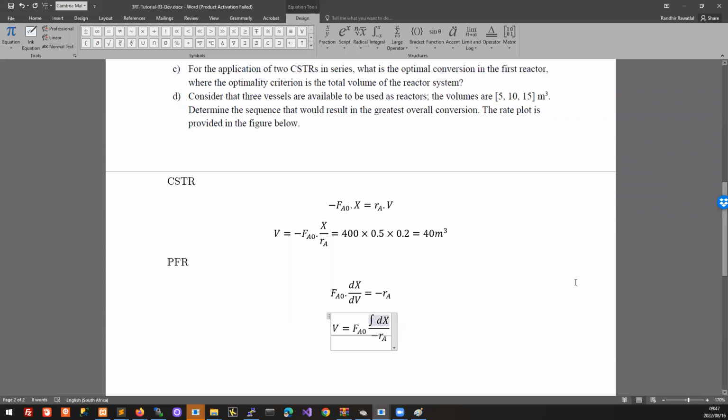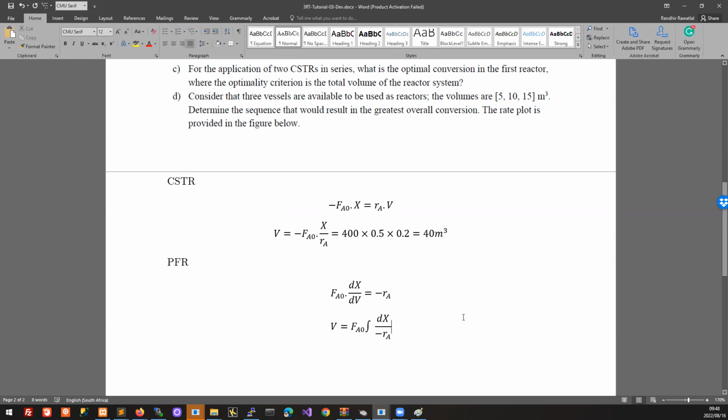That's not quite right. Let's see. Okay, so it's more like this. So that's what we want, right?